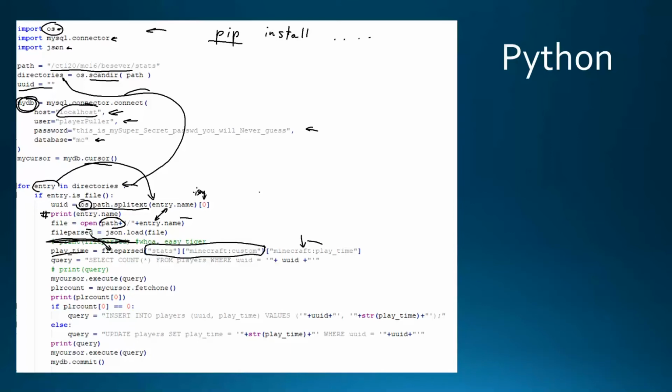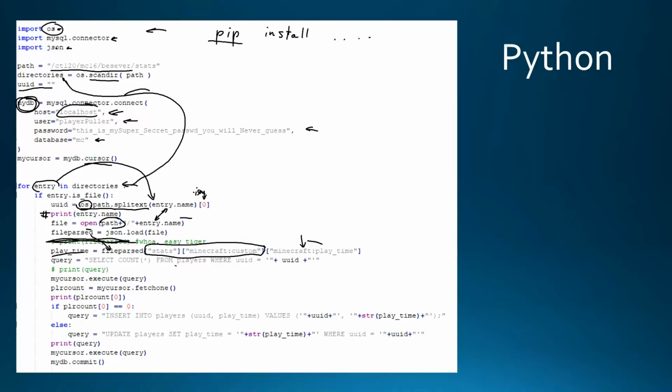Let's have a look at the MySQL query. You will notice a few lines, query equals, in the beginning. This is where we define what we will pull from the database. Here the first one, we're selecting stuff. We're checking if user ID, oh yeah, by the way, the table is called players.